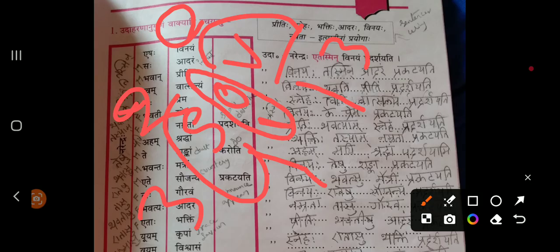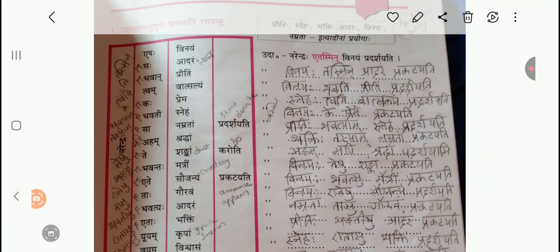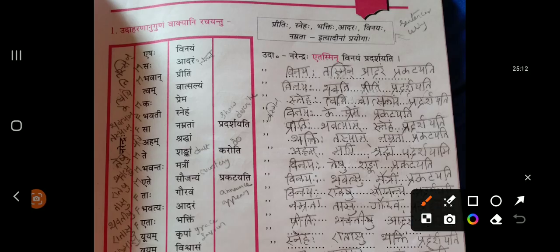This is the basic understanding which every one of you has. Based on this understanding, now come to this exercise. See here, in this top box, they have given few nouns. Preetihi. Preetihi means Preeti, a girl. Snehaha. Sneha, girl.